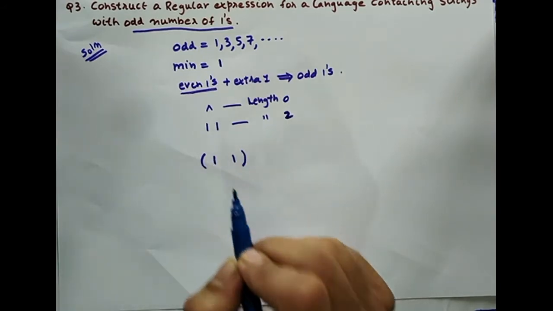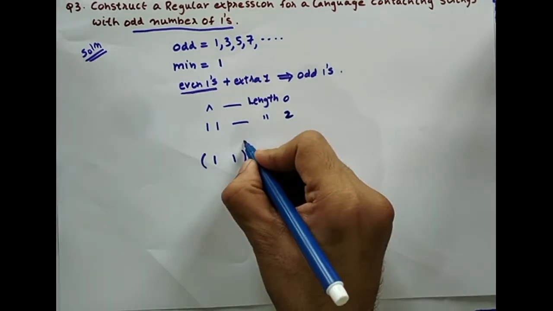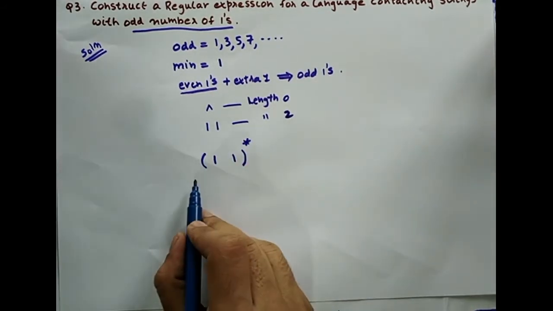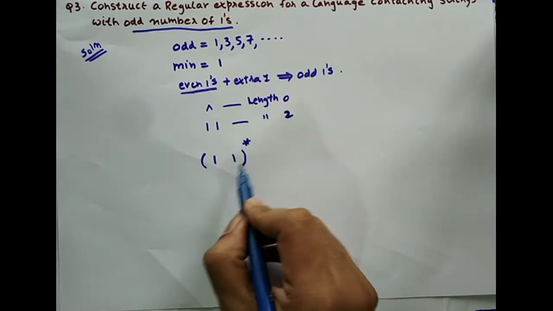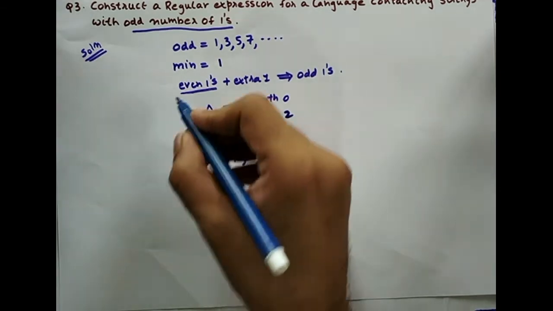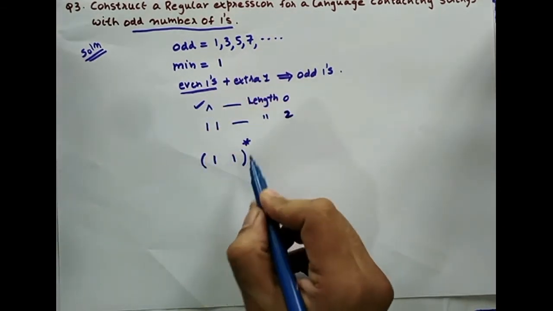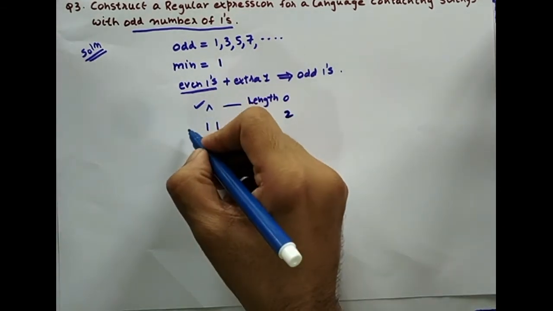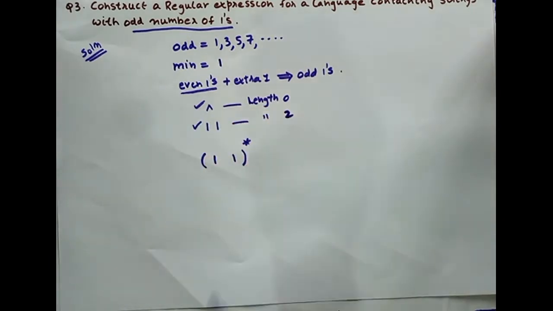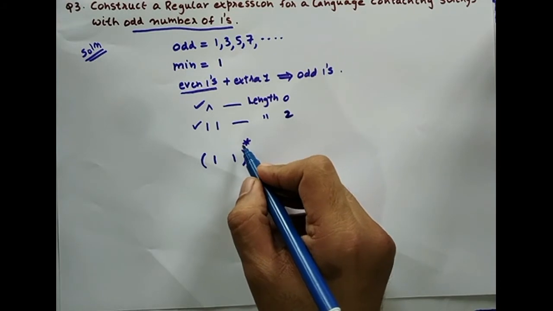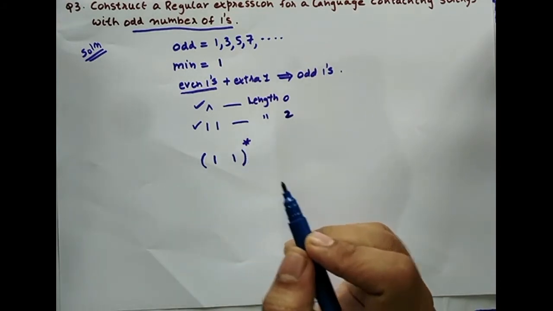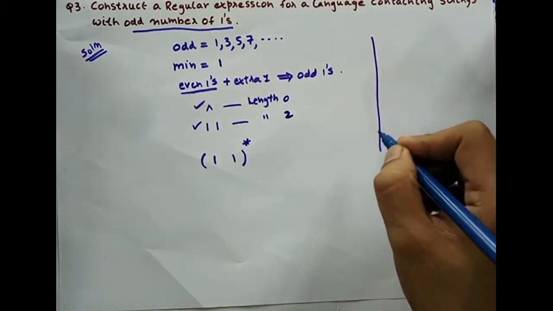So in general, when we have a Kleene star over this sub expression, when this sub expression is repeated 0 number of times, it will give me null. When this sub expression is repeated exactly 1 number of times, it is going to give me exactly 2 ones, right? When this is repeated say 3 number of times, I will just write it here.